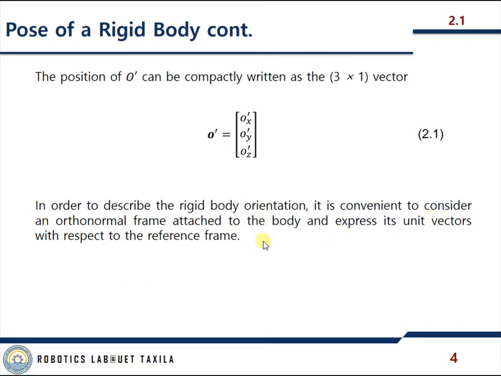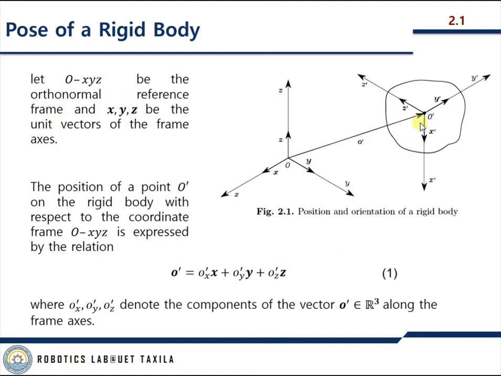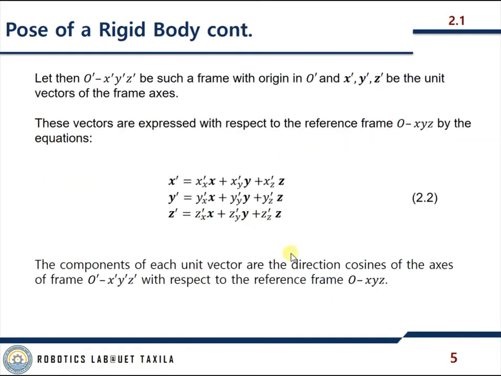it is convenient to consider an orthonormal frame attached to the body and express its unit vectors with respect to the reference frame. So what we are doing is attaching a frame on this point, and we are going to represent its unit vectors, like x bar, y bar, z bar, with respect to this frame. Let then O dash, the origin of that rigid body, x bar, y bar, z bar be such a frame with origin in O dash, and x bar, y bar, z bar be the unit vectors of the frame axes.